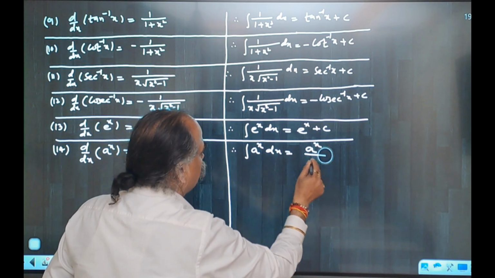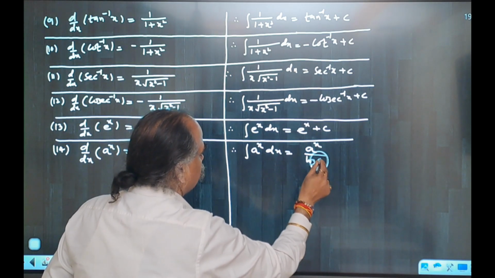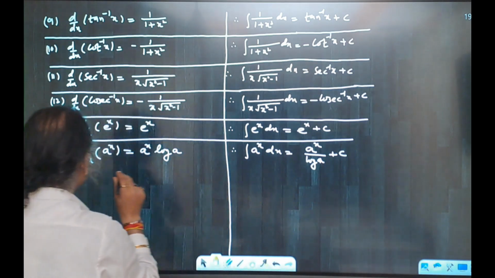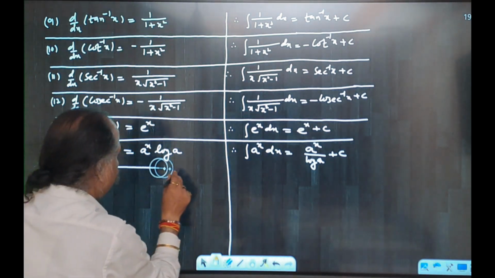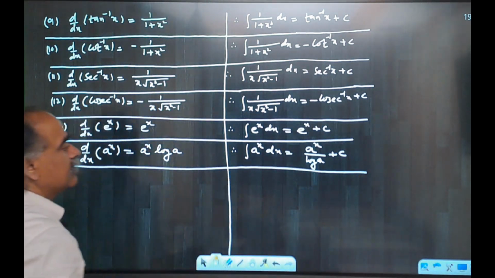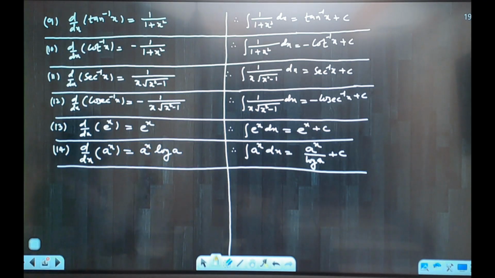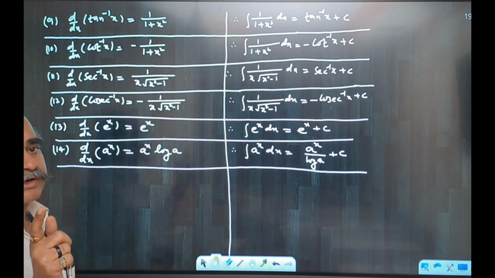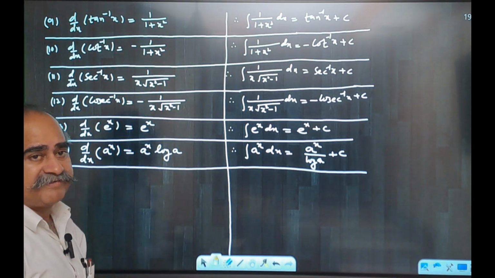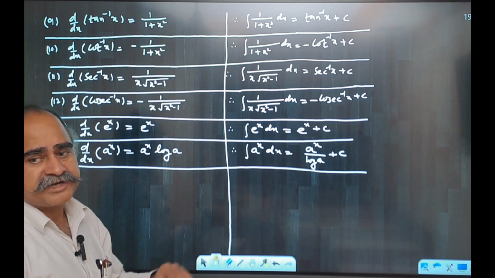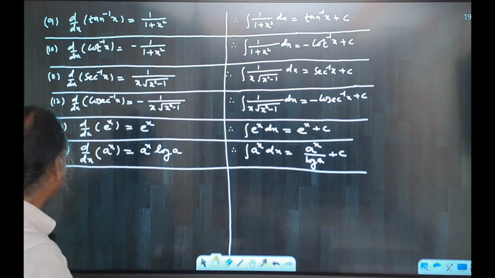A raised to x upon log a plus c. This means whatever constant we are multiplying, constant not variable, whatever constant we are multiplying in case of derivative, in integration it will get divided.